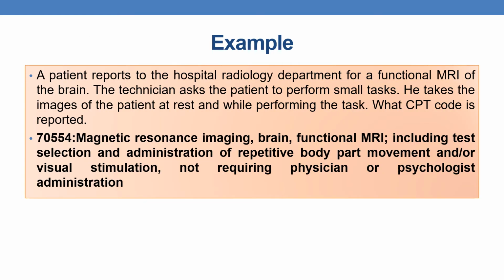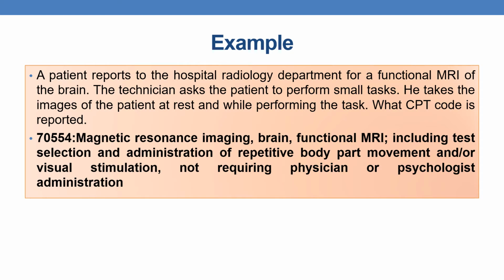Now let us look at an example. A patient reports to the hospital radiology department for a functional MRI of the brain. The technician asks the patient to perform small tasks. He takes images of the patient at rest and while performing the task. What CPT code is reported? This is a functional MRI and here the physician or psychologist is not present.